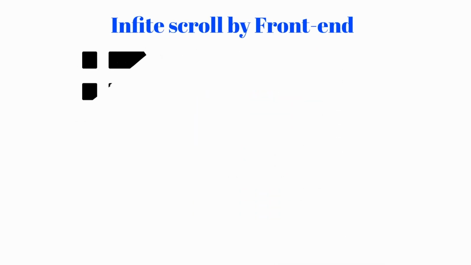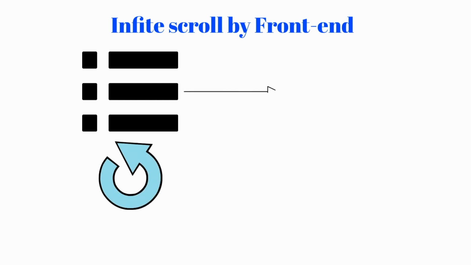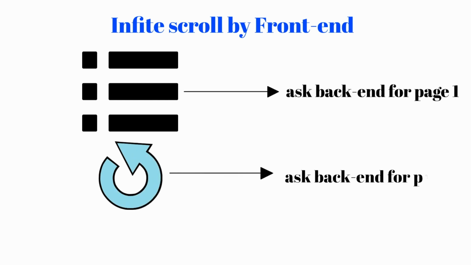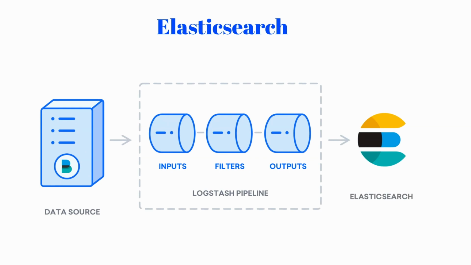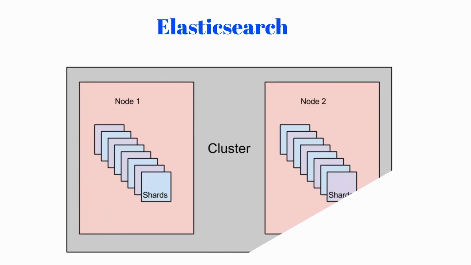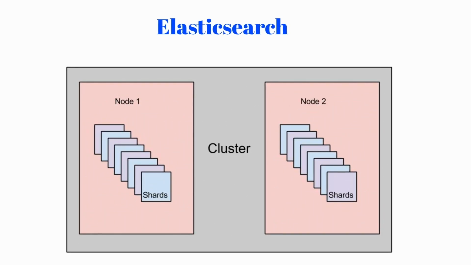If we want infinite scroll, we need to imitate page pagination on the front-end side by using a scroll that changes the page. It's also possible that we will use Elasticsearch, a system with a NoSQL database that has different searching systems and pagination by chunk system, and roll them over and over. Elasticsearch is a big topic that needs another video.